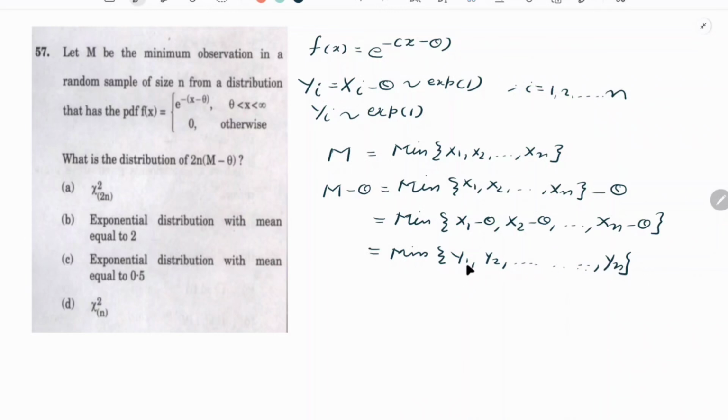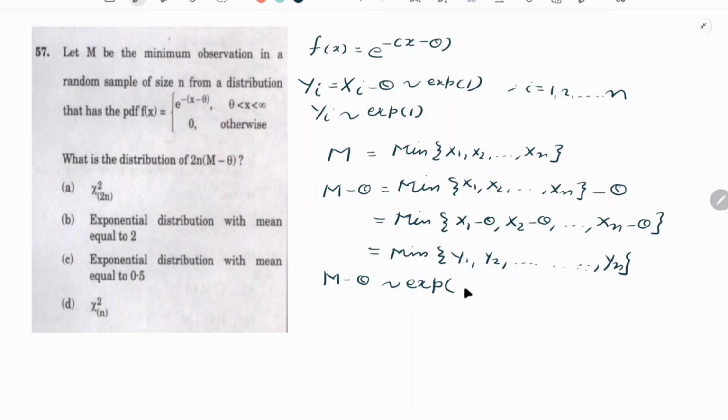Now each yi is exponentially distributed. We know one property of the exponential distribution: the minimum of exponential random variables also follows an exponential distribution. So this M minus theta is a random variable distributed as exponential.